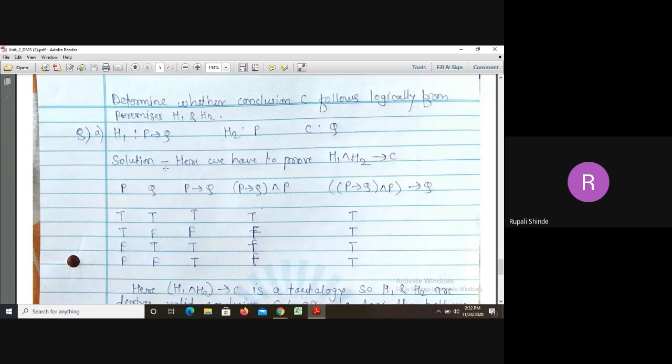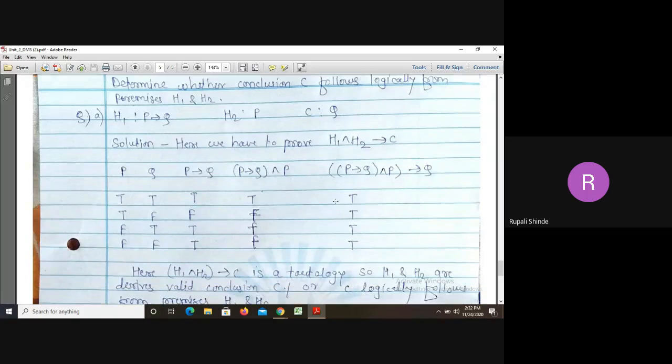Now in the next one, we have to take conjunction between H1 and H2. So P conditional Q conjunction P. This is the next column. And now we have to take its conditional with conclusion Q. So that is given in the last column as P conditional Q and P conditional Q. So now check it.